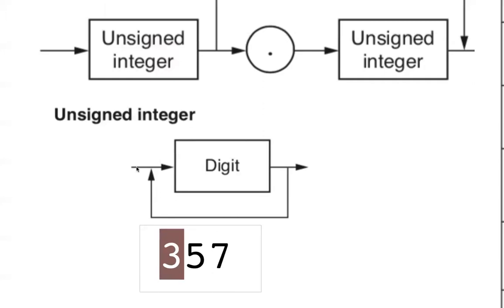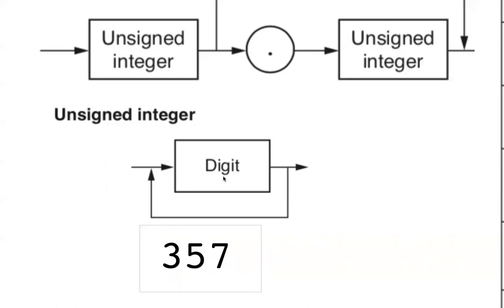Does my syntax diagram allow for more digits? Yes, it does. So after reading the 3, can I come back to read the 5? Yes, I can. After reading the 5, can I come back to read 7? Yes, I can. So that means this loop structure allows for a digit string of any length.